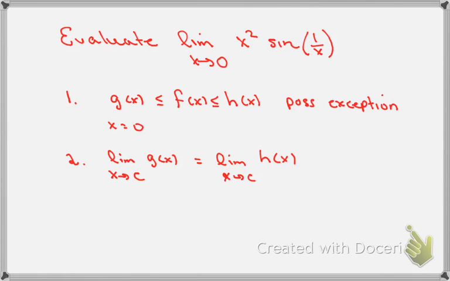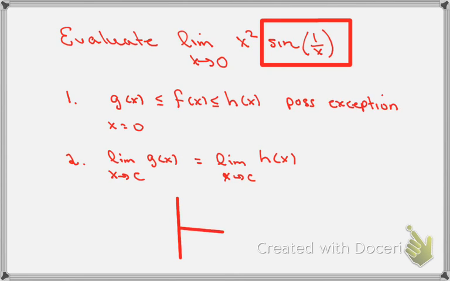And one thing I'm going to note is that I have here x squared being multiplied by sine of 1 over x. And recall, we know that because of the unit circle, draw a circle here, that the sine and the cosine, whenever I make an angle, the x-coordinate is cosine of theta, the y-coordinate is sine of theta.